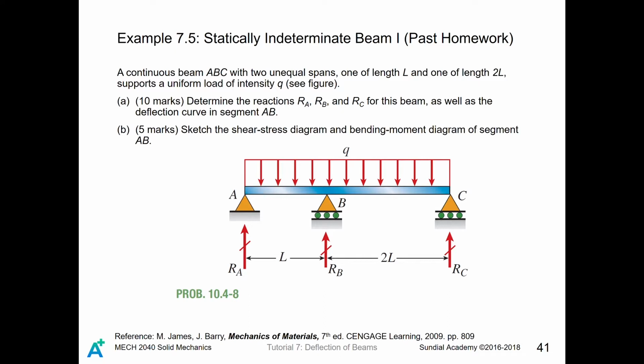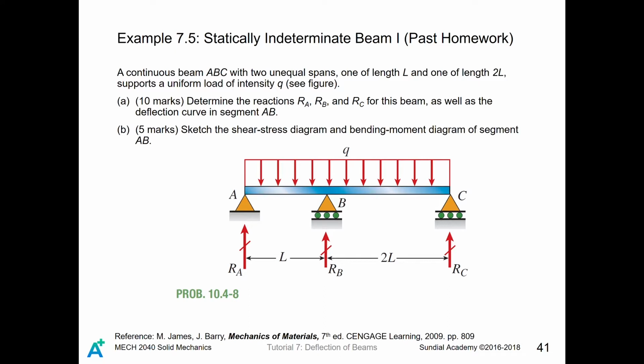So this beam is simply supported, and also there is a uniform load Q acting on this beam. We have to determine the reactions RA, RB, and RC of this beam, as well as the deflection curve in segment AB. Also, you are going to sketch the shear diagram and bending moment diagram for segment AB.